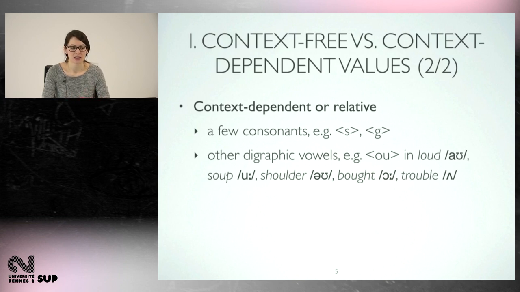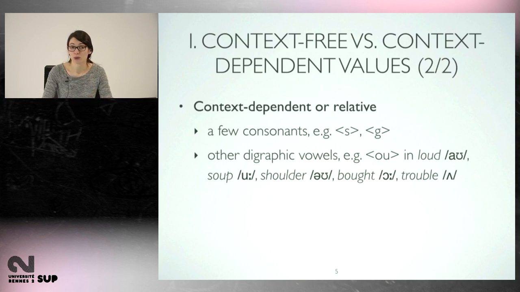You can see that the OU grapheme, digraph actually, has very different pronunciations. All these pronunciations, however, follow some very clear, regular rules, or sub-rules, that is, rules that are exceptions to major rules, but are still rules because they cover quite a large number of terms, as opposed to mere exceptions.